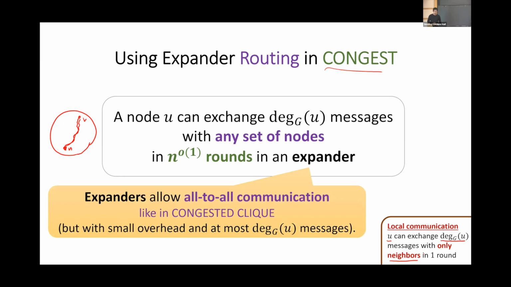Basically, what it means is that an expander allows all-to-all communication, similar to the congested clique, but this will work in CONGEST. You need to pay some small overhead instead of just one round. Now you pay n^{o(1)} rounds, but that's good enough for our application.